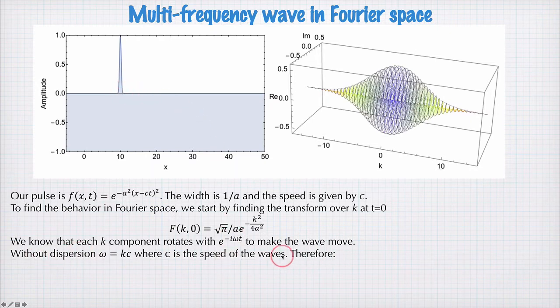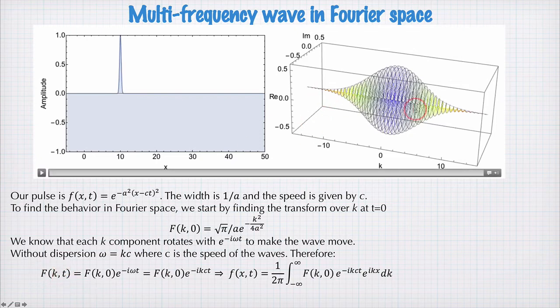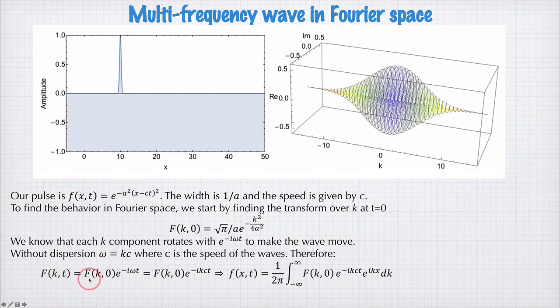Okay, so let's continue along with our calculation here. If we know that each of these k components rotates at this speed, e to the negative i omega t, we can write down the function f of k and t, that is this function that I've animated here, as f of k at time equal to 0 times e to the negative i omega t.